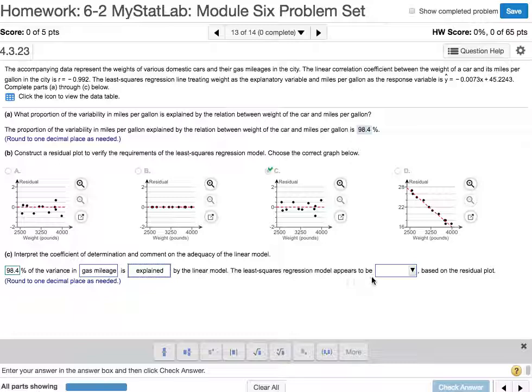The least squares regression model appears to be appropriate based on the residual plot. So here, as we talked about, the variance in gas mileage is being explained or described by the variable of x, which is the weight of the car. And this is deemed to be an appropriate model based on the residual plot.